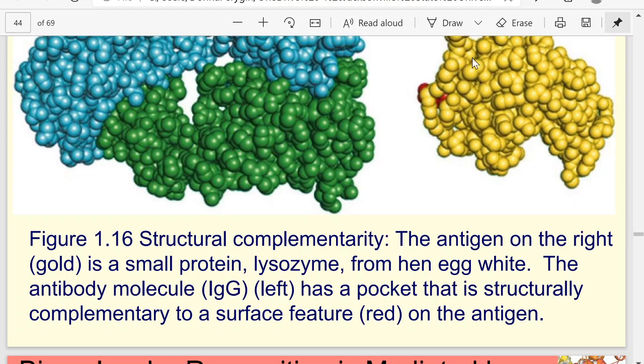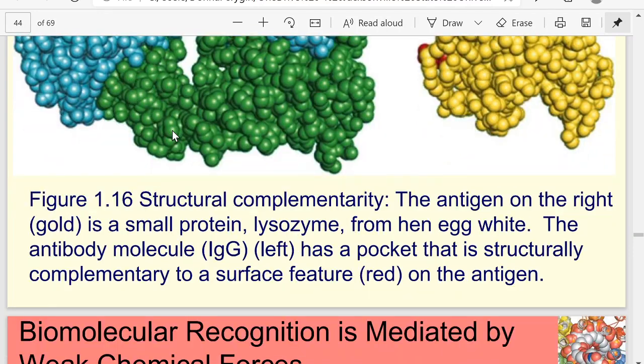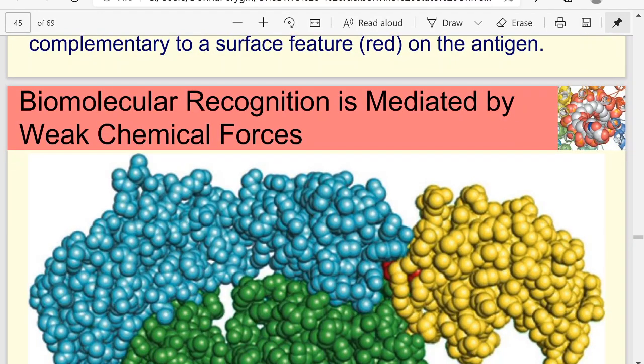Here we have the antigen, with a surface feature in red that's going to bind somewhere on this antibody like a lock and key. So they're going to bind to each other like a lock and key because of the complementarity of the three-dimensional structures and the features that exist within the protein.